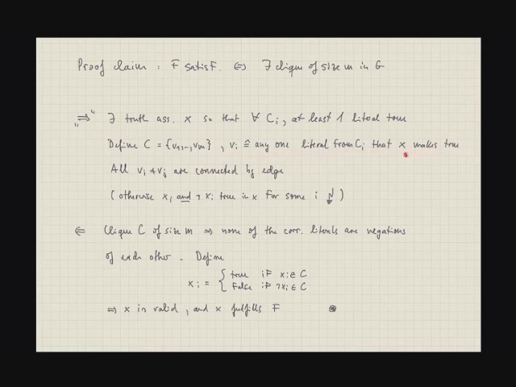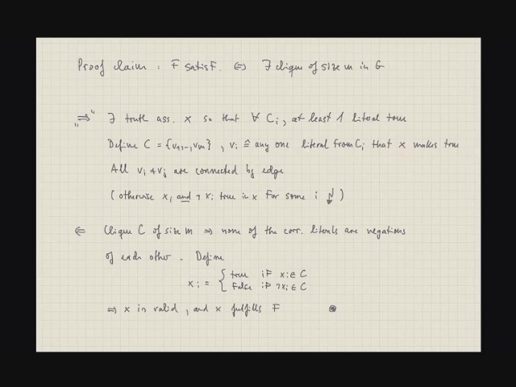And since this is a valid truth assignment which cannot contradict itself, all the corresponding nodes will be connected by an edge, and that defines my clique, because otherwise that would say that a variable xi and a variable not xi would be true at the same time, which cannot be for a valid truth assignment.